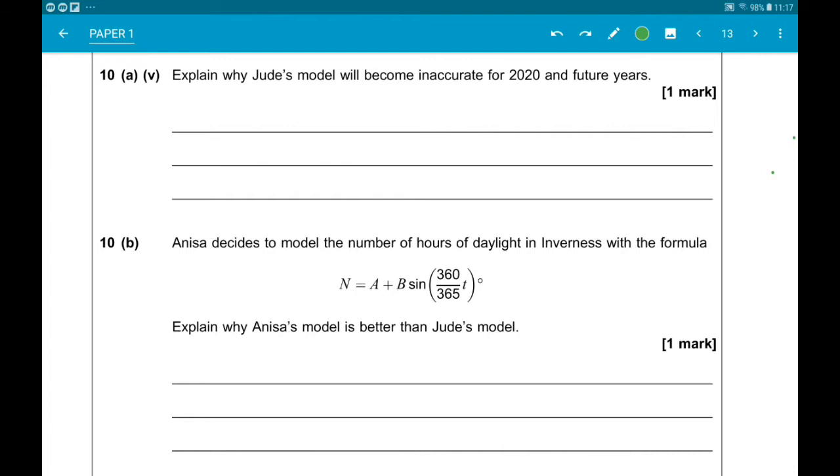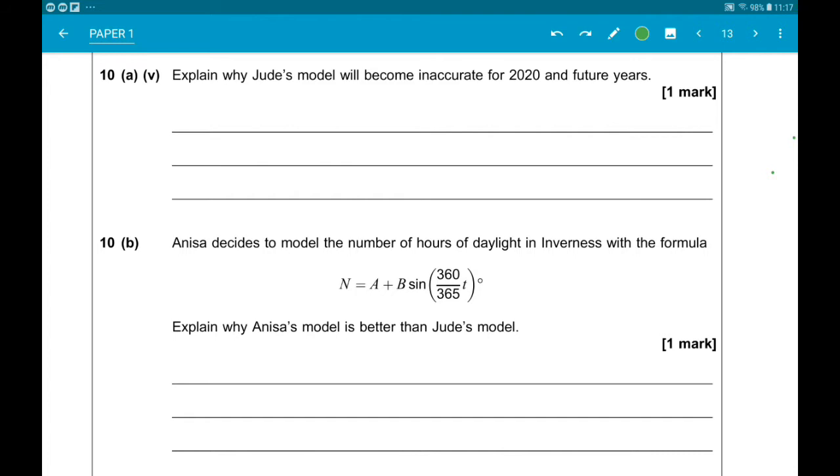And then for part 2, Anissa decides to model the number of hours of daylight in Inverness using n equals a add b sine 360 over 365 t. We want to explain why Anissa's model is better than Jude's model.